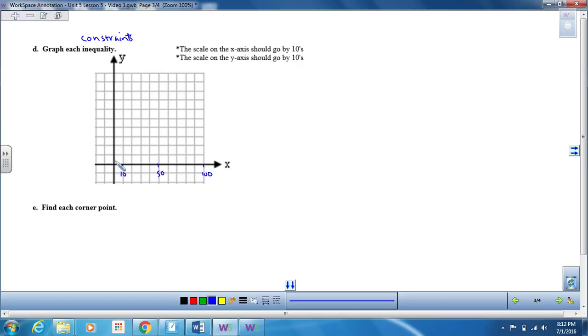I'll just do this to help. Okay, 10, 20, 30, 40, 50, 60, 70, 80, 90, 100. I'm also going to label my axes. So X was talking about cars, and Y was talking about buses.